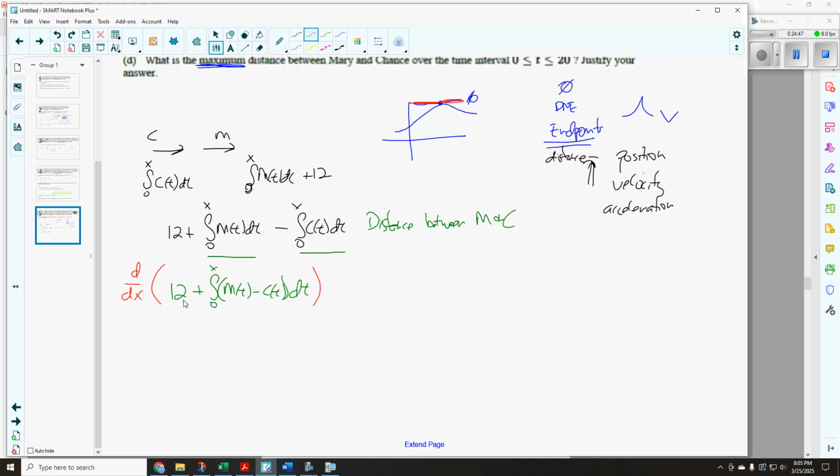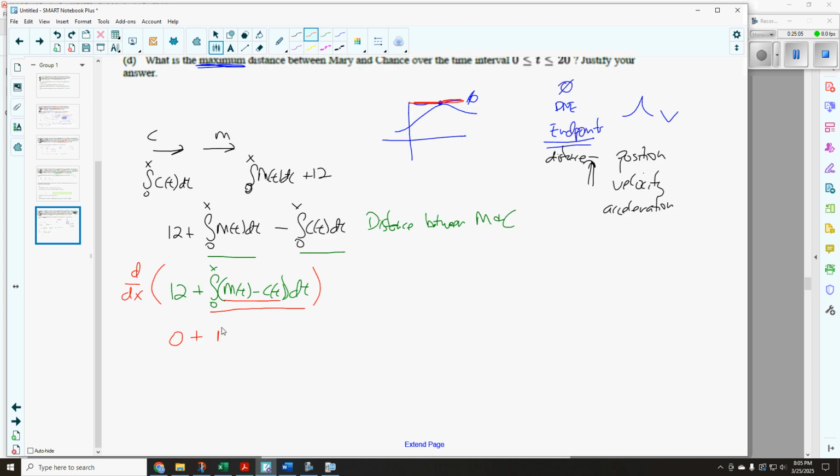Well, the derivative with respect to x of 12 is 0. And the derivative with respect to x of this integral, think about the first fundamental theorem of calculus. The derivative of an integral is simply the integrand.